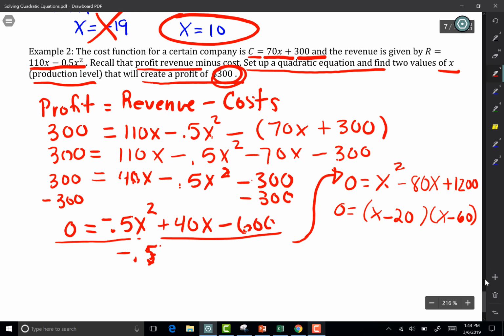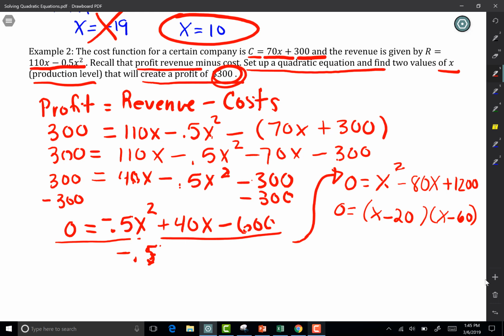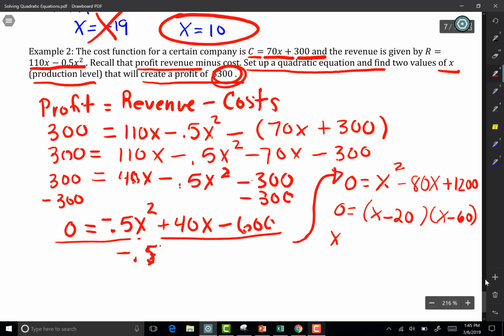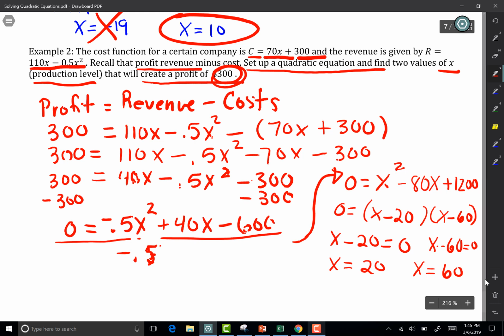If I take negative 20 and negative 60 and multiply them together, that gives me a positive 1200. And then if I add them, I get a negative 80. So now I can set up my two mini equations and say x minus 20 is 0 and x minus 60 is equal to 0. So my two values of x are going to be 20 and 60, which are going to be the two production levels. That's what we want.